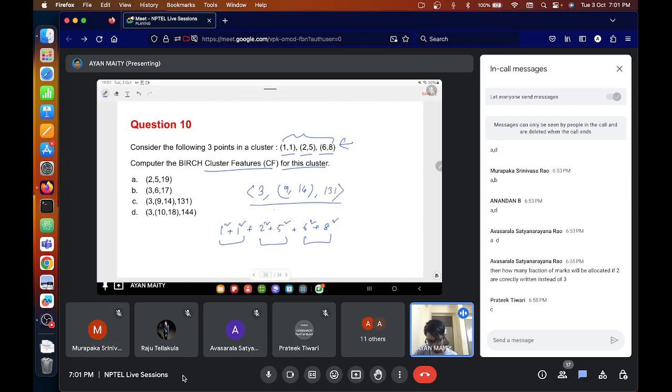So this is the 3-tuple that you will get. So option C, Pratik Tiwari has written the correct answer in the chat. These are the 3 features in the cluster feature vector. The first one is the number of points, which is 3. The second one is the vector sum of all the points in that cluster, and the third is the sum of squares of all the points in that cluster. So option C is the correct answer.